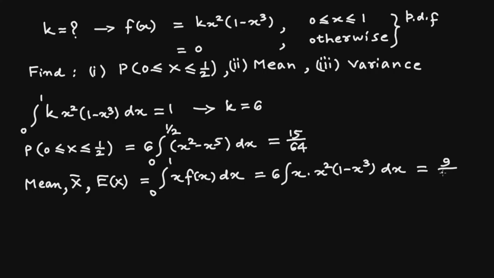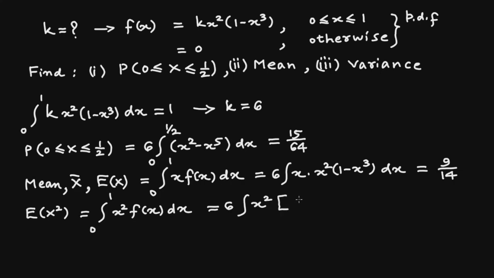For finding variance, we shall need expectation x square, that will be integral x square f(x) dx from 0 to 1, which will be 6 integral x square into 1 minus x cube dx from 0 to 1, which after solving further gives us 9 upon 20.